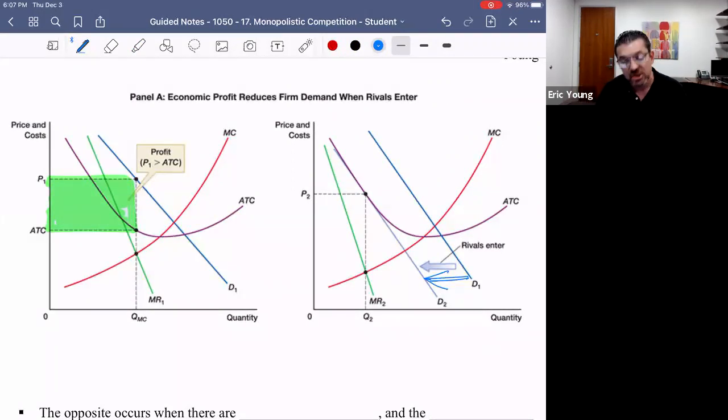And that market share is going to fall, demand will fall, the demand curve will shift left, and you can see the corresponding impact. The prices that the firm can charge will fall, and eventually that P minus ATC gap will disappear, okay? Profits will go away. Or how about this? The existence of profits will lead to a series of events that will get rid of those profits.